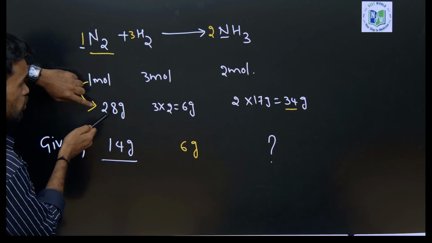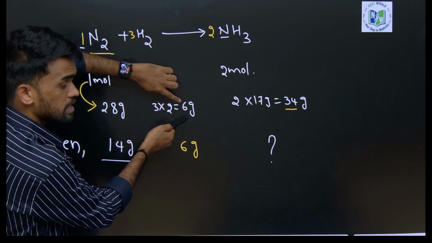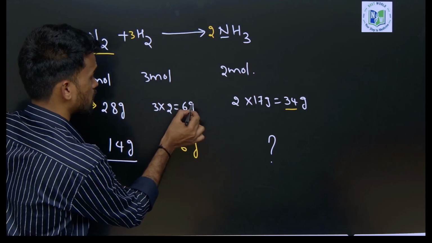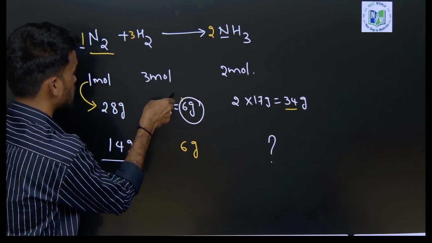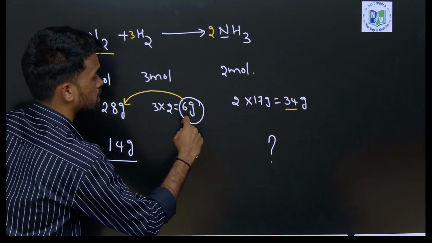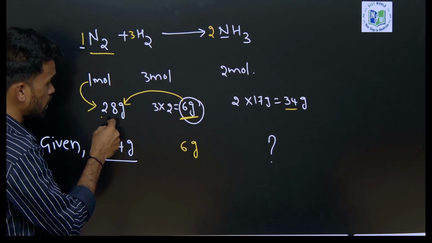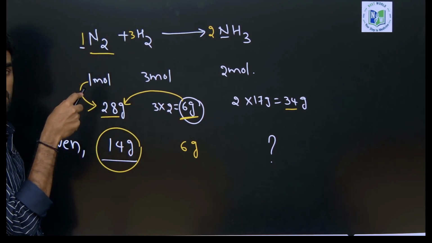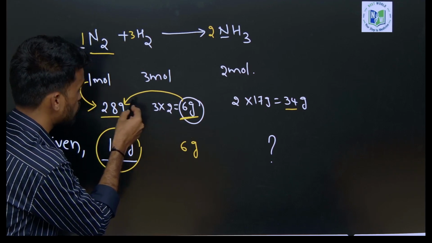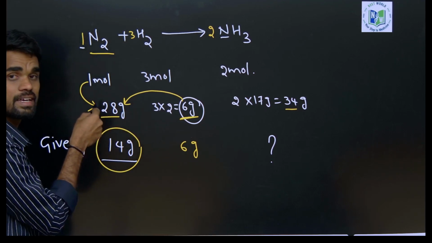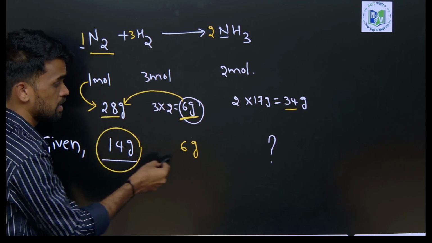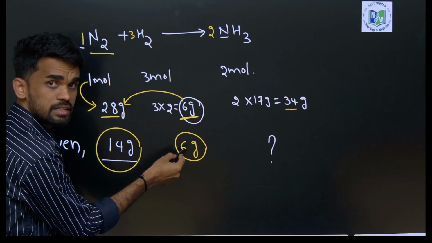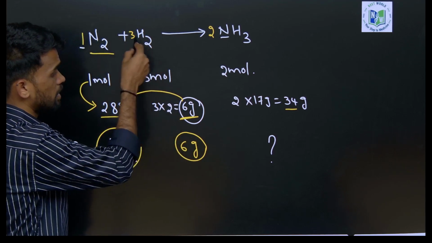See, for every 28 grams of N2, 6 grams of H2 is reacting and forming finally this much. It means for every 6 grams, how much amount is required in order to make the reaction complete? It will be 28 grams that is required, but we have been provided only 14 grams. If it is lesser than that, it means the required amount of N2 is not there to react completely with this H2, right?